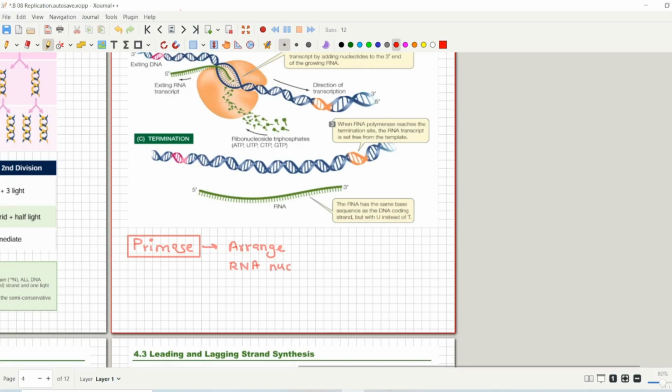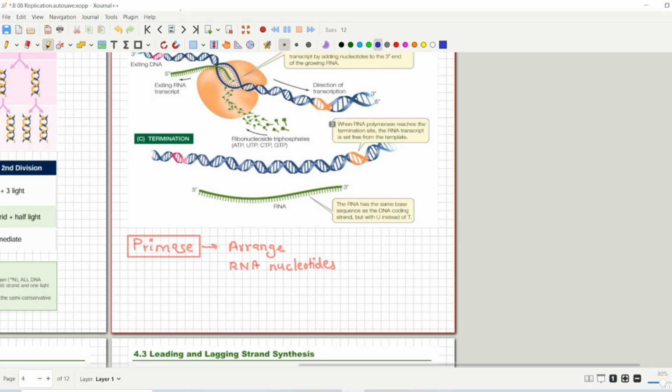So what are these RNA nucleotides doing in our DNA replication? They will form specific arrangements on the template strand of the DNA, and these really short fragments of RNA nucleotides will act as primers.